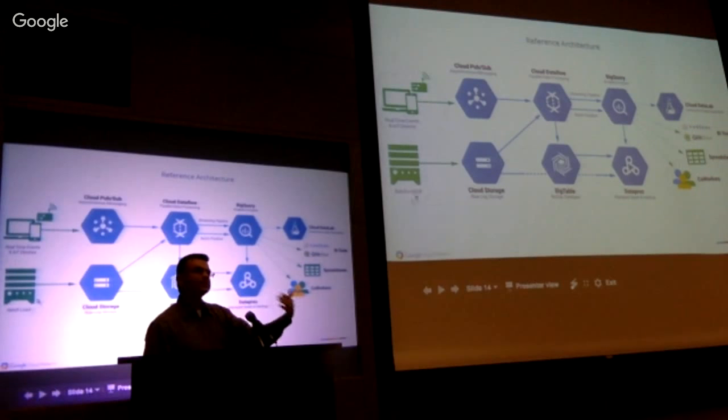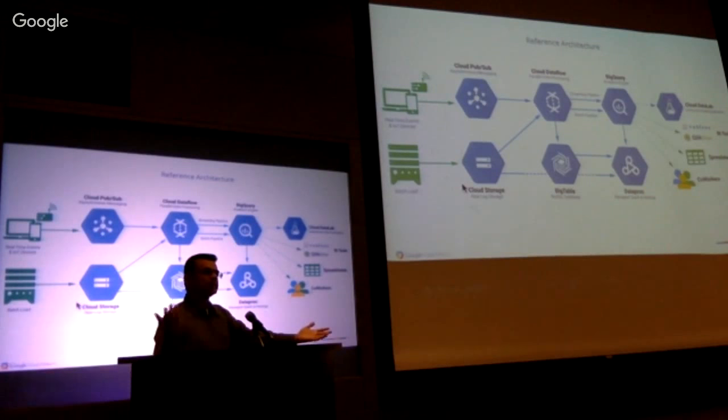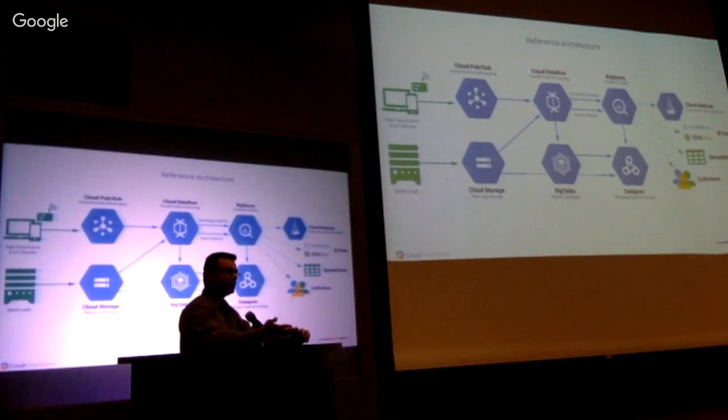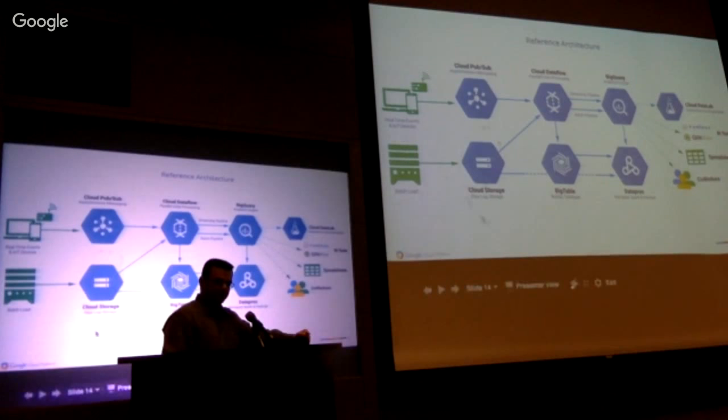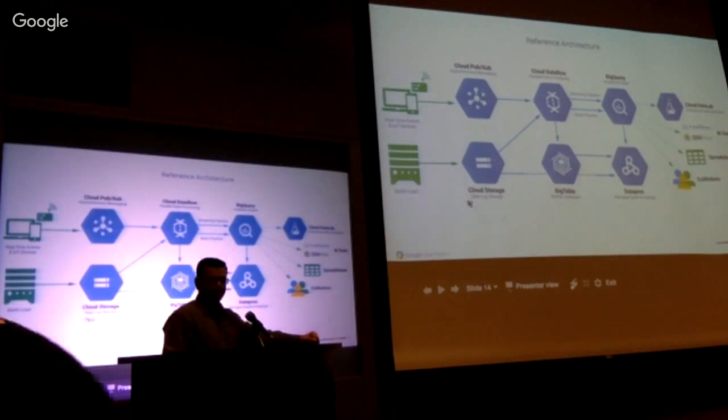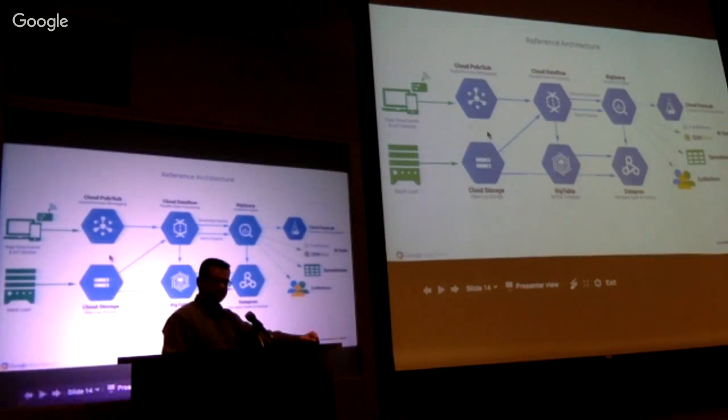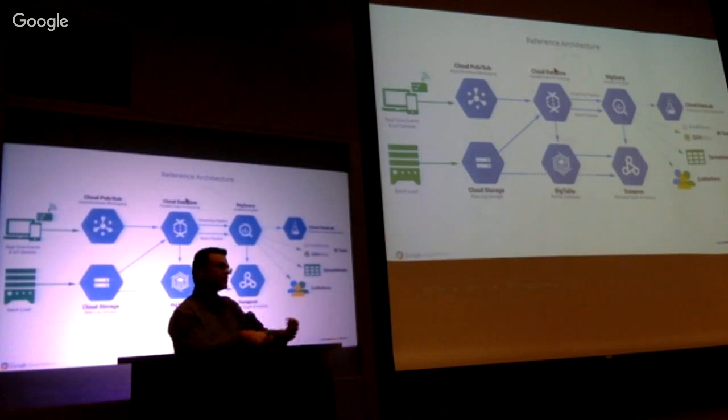When the batch information comes in, these are raw logs, right, typically, that you're going to get from your maybe web servers or maybe your phones or some other sources of information. You're probably likely going to store this into GCS, raw logs. Once the information is in GCS, you probably are going to read this through Dataflow to extract some value from these logs.